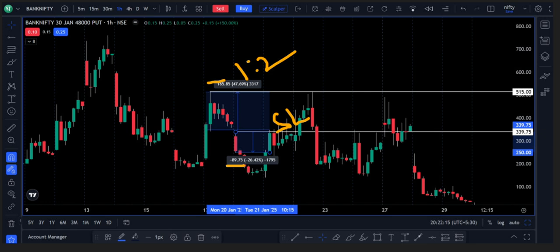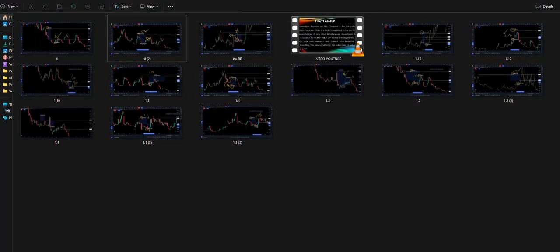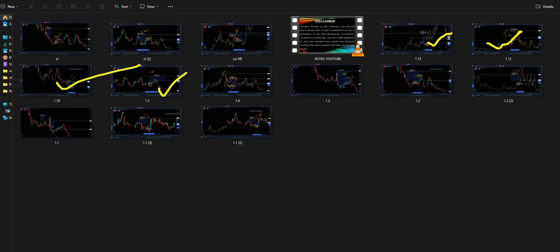Now let's try understanding how many opportunities were created in total. As you can see very clearly here, there have been 8 opportunities that turned out to be successful, with very good risk to rewards of 1:15, 1:12, 1:10, 1:5, 1:4, 1:3, and at least assuming that on these two occasions you would have cleared with no loss and no profit.